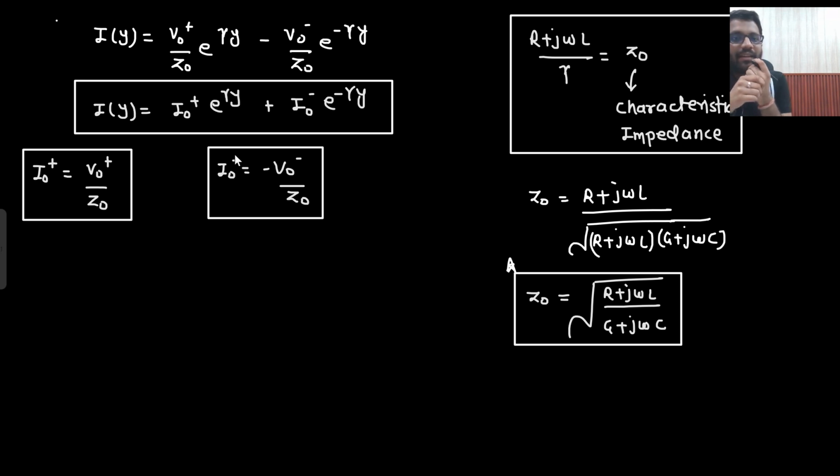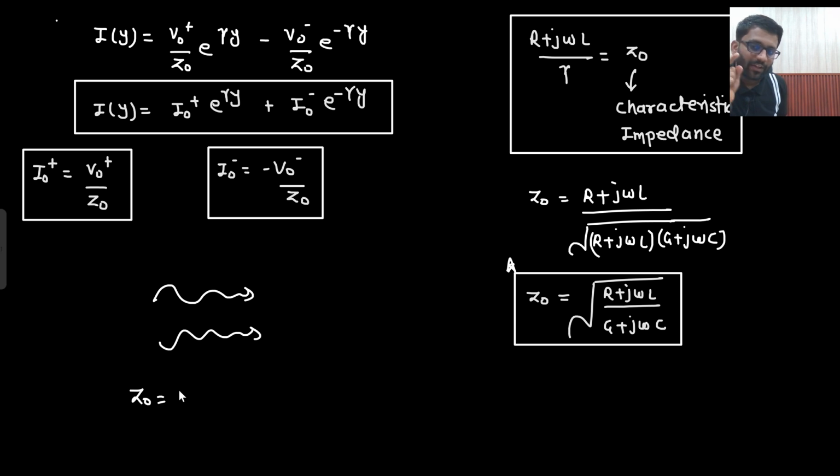Z naught is the ratio of the forward traveling voltage wave to the forward traveling current wave. That's it. Or you can say Z naught is the negative ratio of the reflected voltage wave to the reflected current wave. So when I am defining Z naught, I am only considering the incident wave, and incident wave only.